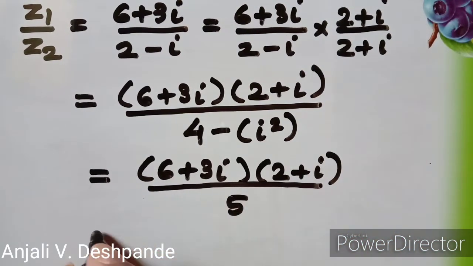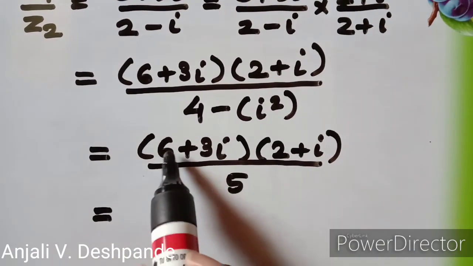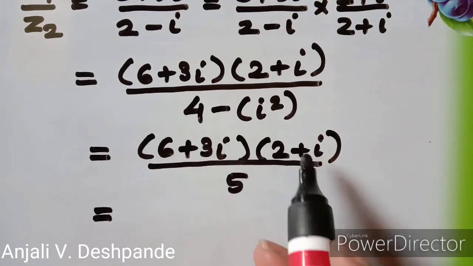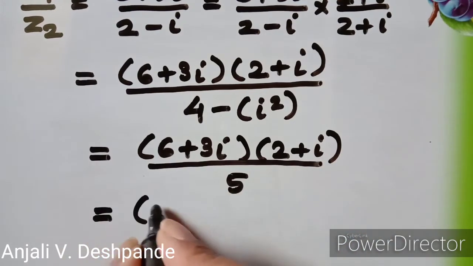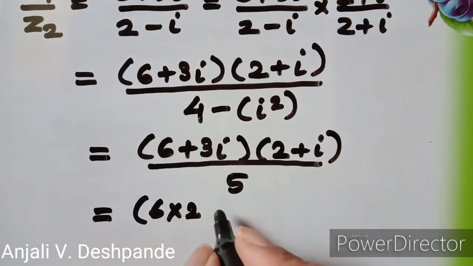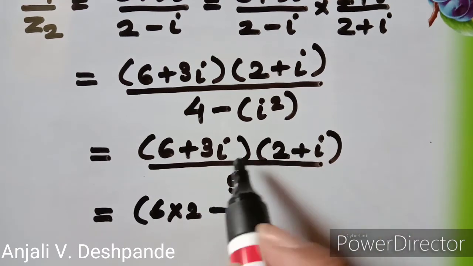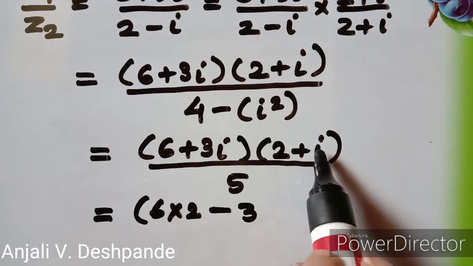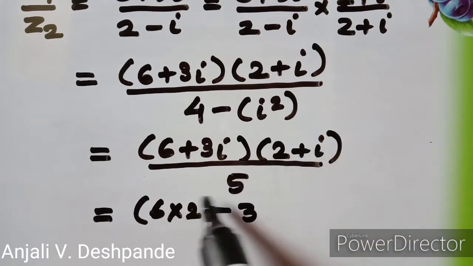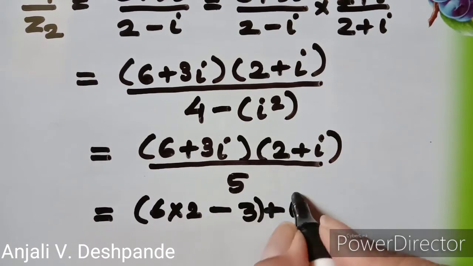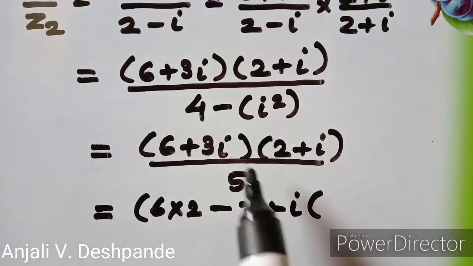And now we are going to multiply these numbers just as earlier we have seen multiplication of the numbers. So 6 into 2, that is 12, minus 3. Why minus 3? 3i into i, that is 3 i square, that is minus 3. Therefore this will become the real part. Plus i times now the imaginary parts.